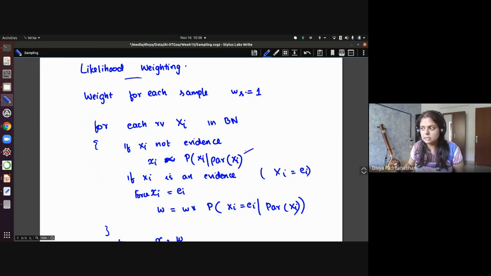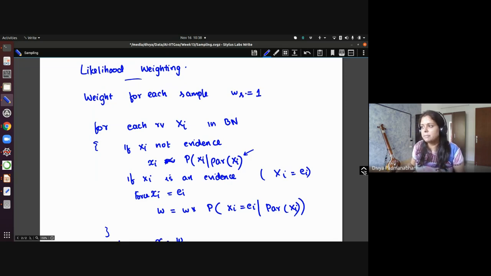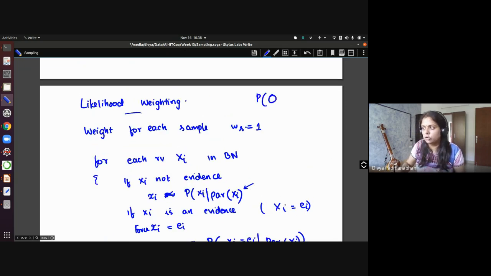You just generate a sample from the distribution xi given the parents, and you treat that as an instance of the xi random variable. Now, on the other hand, if xi is an evidence random variable, one that comes up in your query like this, probability of q given xi equal to ei, something like this, okay, so this is the evidence random variable.